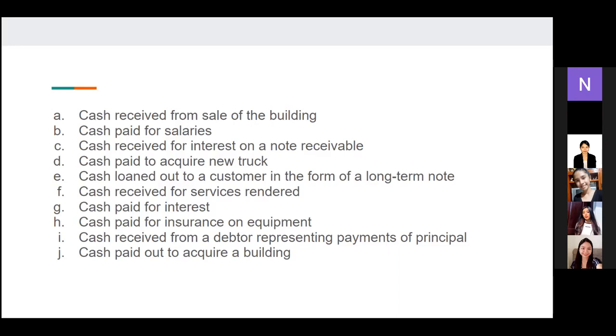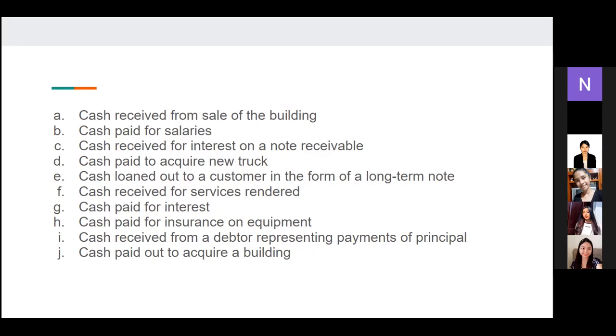Then, magki-credit tayo doon ng prepaid insurance, which is under siya ng current asset. Yung current asset, di ba, naka-classify siya doon sa operating activities, sorry. Yes, operating activities. Dahil meron siyang insurance expense and cash.